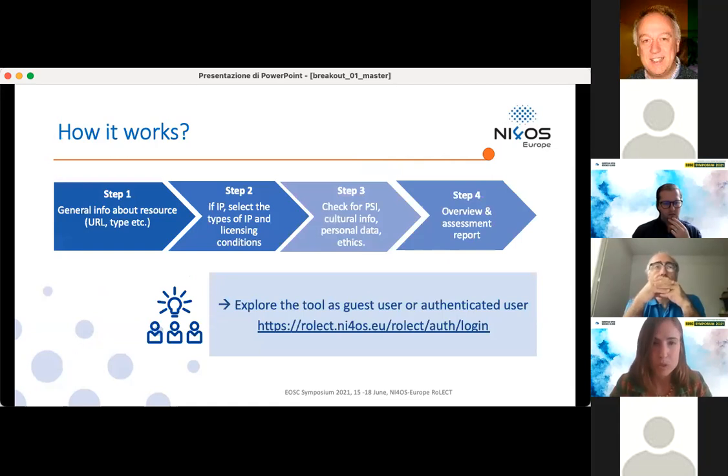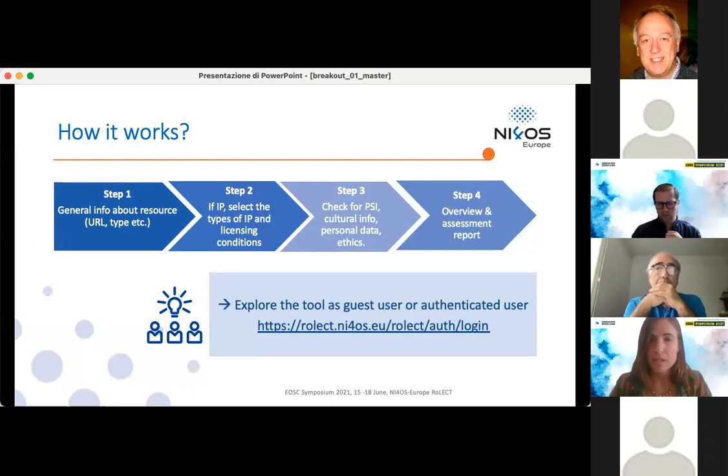So how it works, this tool. Firstly, the user inserts some general information about the resource. For example, the URL where the resource is found, the type of the resource, is it a service or other, and the terms of use. Then, if the resource contains intellectual property rights, the user has to select the types of intellectual property rights, such as trademarks, copyright, or patents, and the licensing conditions that apply to those resources.